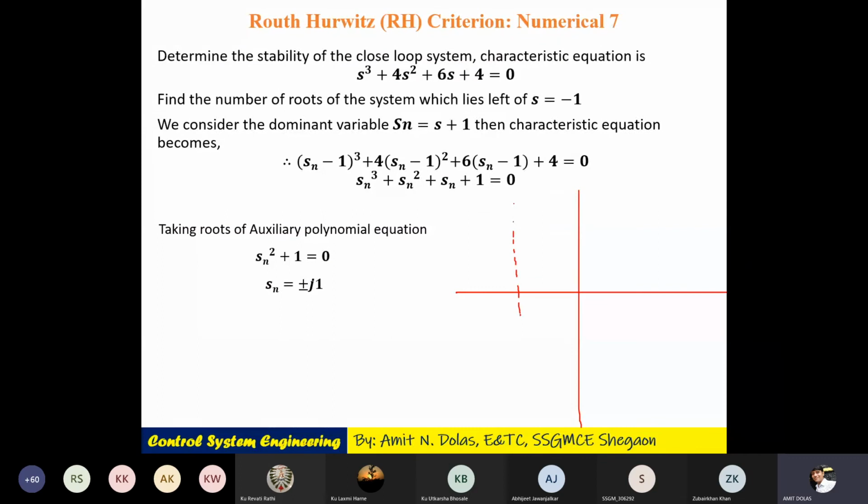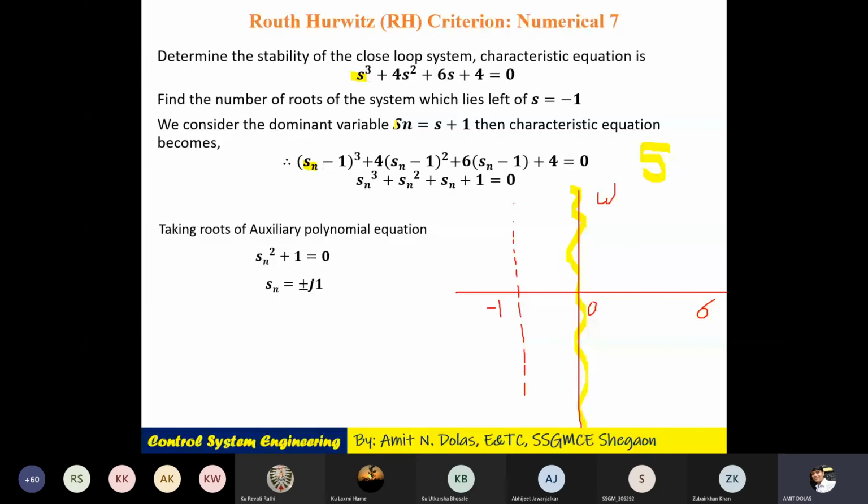This was the case. This is -1. This is 0. This is sigma. This is omega. Please remember this line, this line is nothing but the S plane. And where did we replace S with Sn?